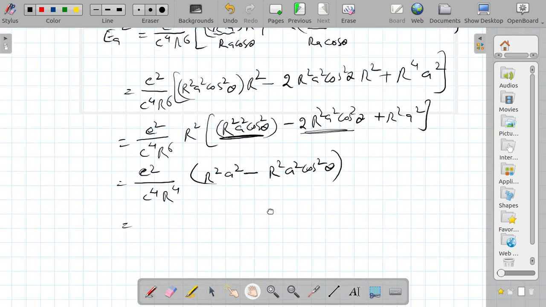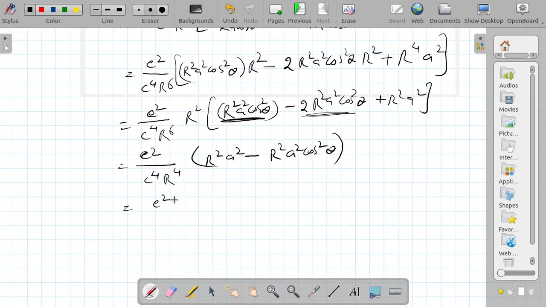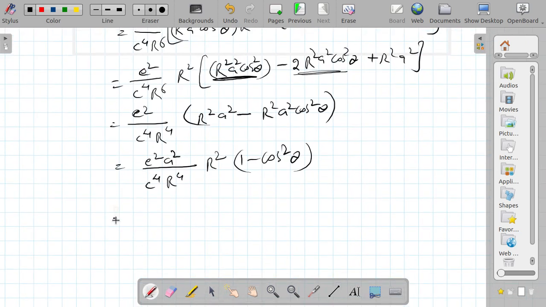So it is E square A square over C^4 R^4, and R square is outside, so it is 1 minus cos square theta, and this R square will be cancelled out with it. That means it is E square A square over C^4 R square sine square theta.